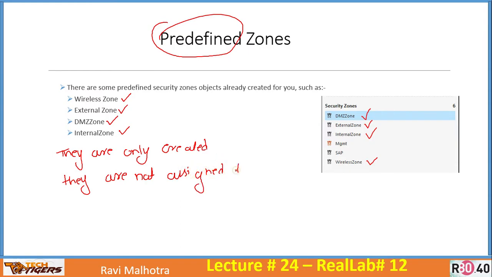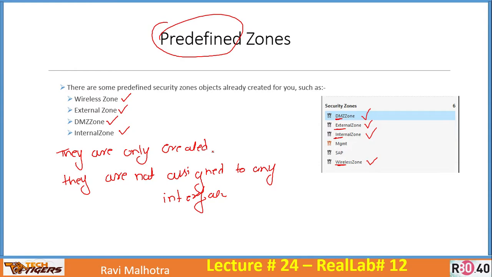So these are the predefined zones: wireless zone, external zone, DMZ zone, and internal zone. See that? This is predefined wireless. This is predefined internal. This is predefined external, and this is predefined DMZ.